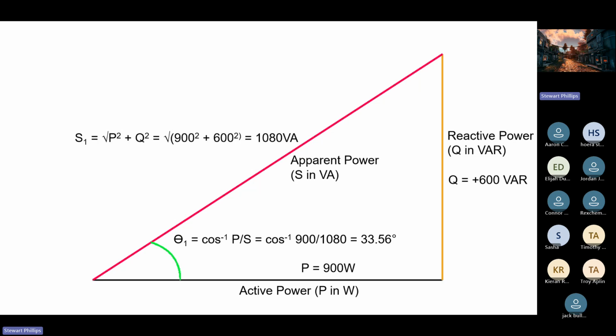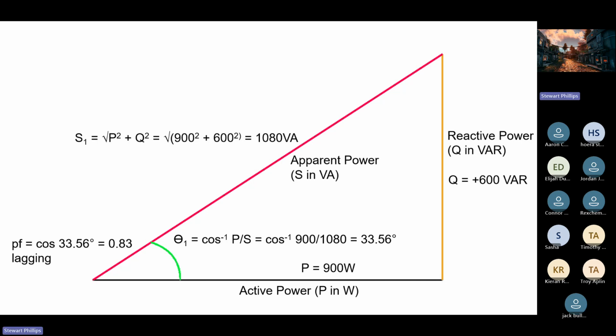The angle is cosine inverse of P over S. So 900 over 1080 gives 33.56 degrees, which gives us a power factor of 0.83 lagging. So this 34-ish degree phase angle shows our current lagging the voltage.